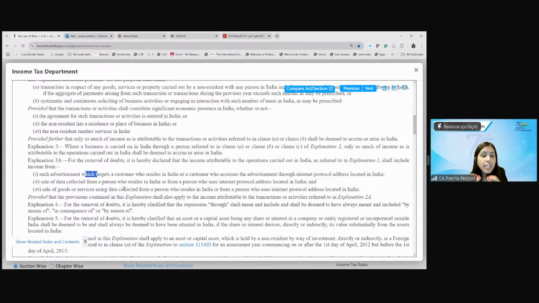So, sale of data collected from a person who is resident in India. Instagram is earning by selling my data. The income generated from that sale of data will also be considered as income from the operations in India. Third, sale of goods or services using the data collected from a person who is resident in India.